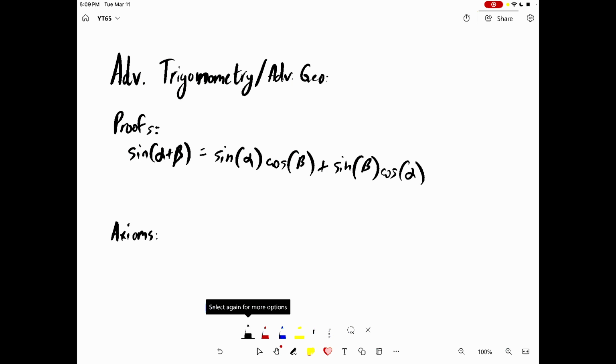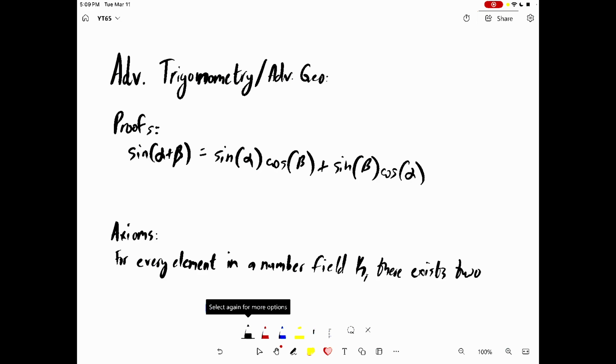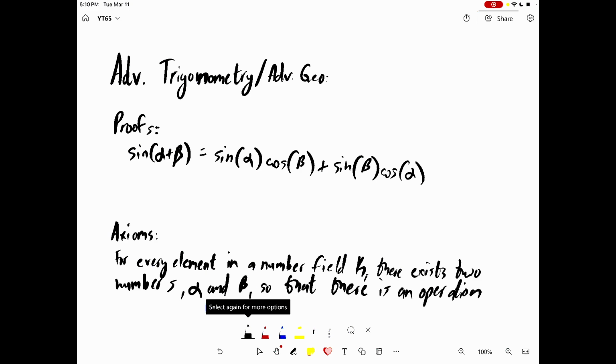The famous axioms are Euclid's axioms about the geometric plane and everything, but there are other axioms, like: for every element in a number field K, there exist two numbers, alpha and beta, so that there is an operation called the sum, and it is represented by alpha plus beta.